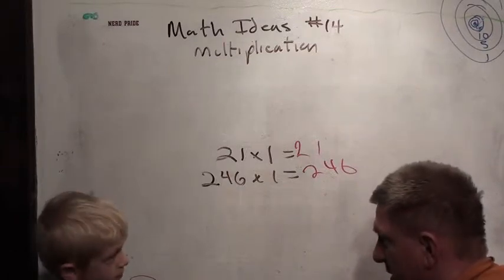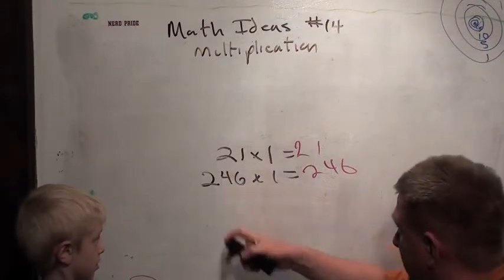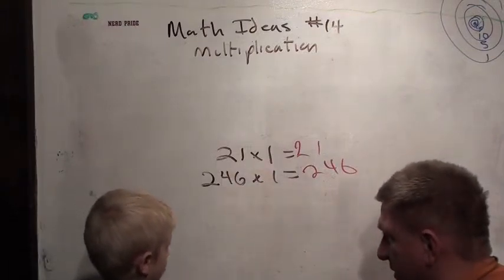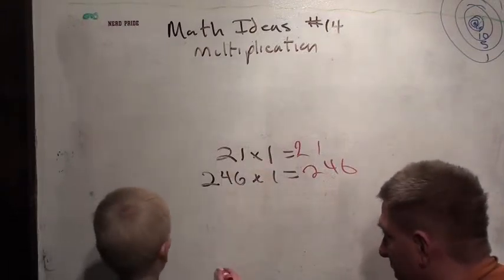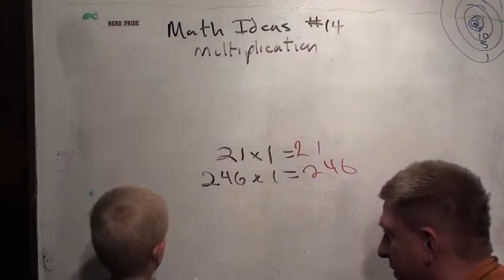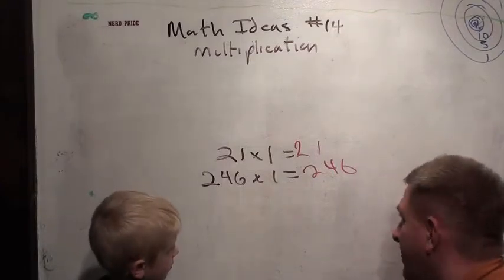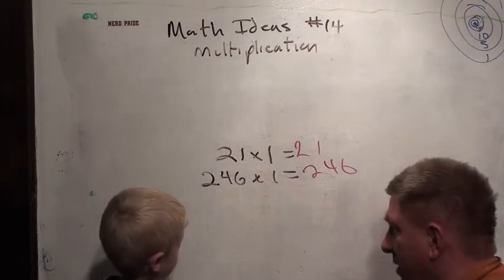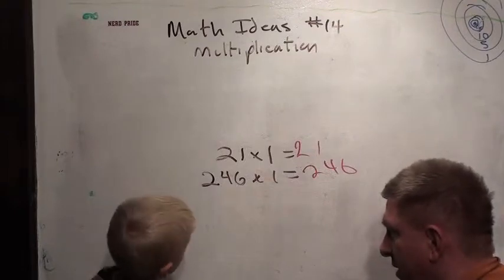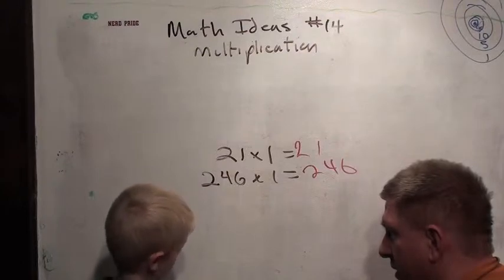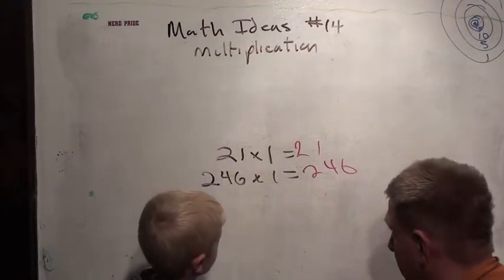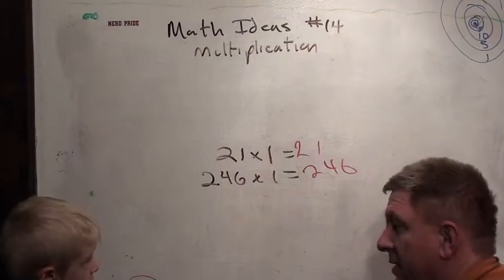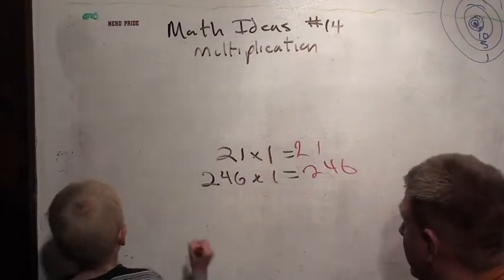So 246 times 1 is 246. So any number times 1 is what? Any number times 1 equals the same number. Right, any number times 1 equals the same number you started with.